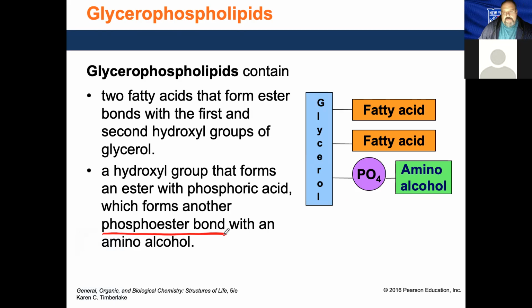It's going to be good to become acquainted with that, because when we get to the chapter on nucleic acids and we see how nucleotides are formed when nucleic acids are linked together, they are linked together by phosphodiester bonds. Again, the glycerol and the fatty acids are linked together by ester bonds, but the glycerol, the phosphate, and the amino alcohol are linked to each other by a phosphodiester bond.